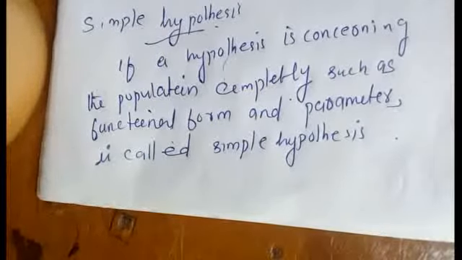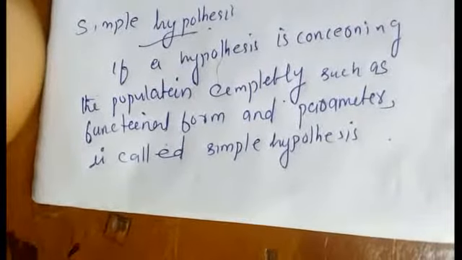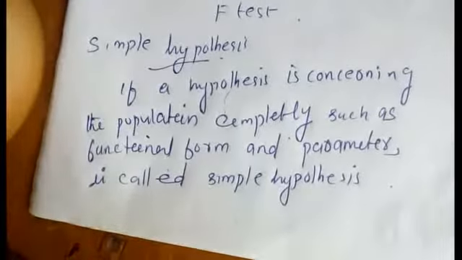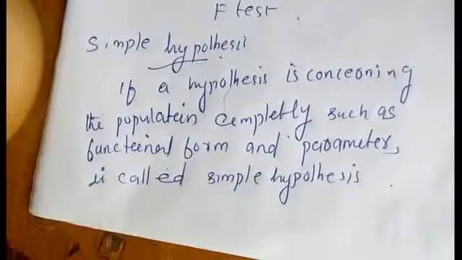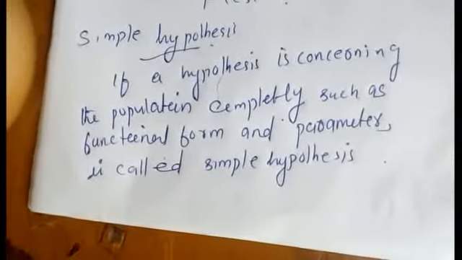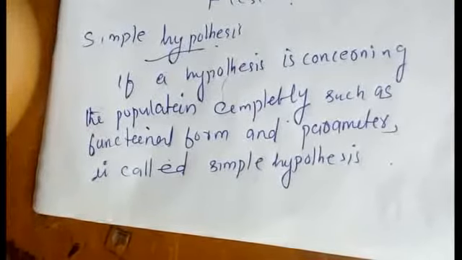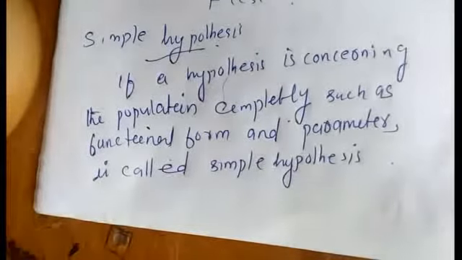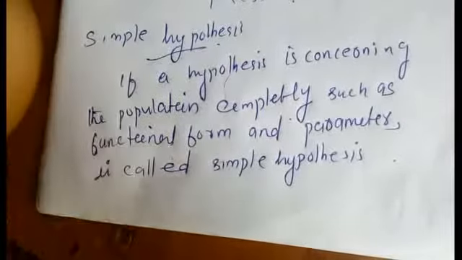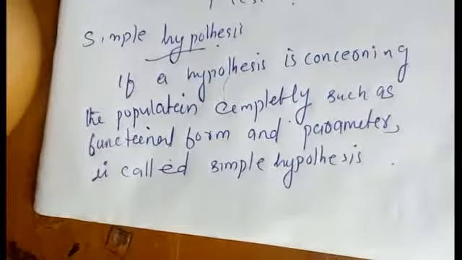Other types of hypothesis are called complex hypothesis. That means a statement that reflects a relation between more than two variables is called a complex hypothesis.